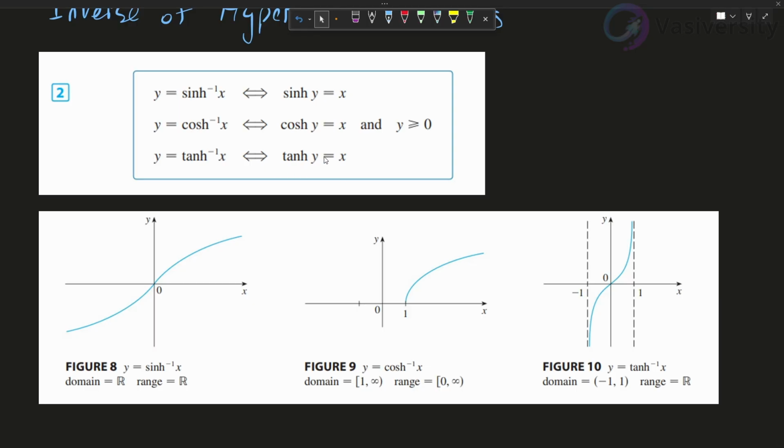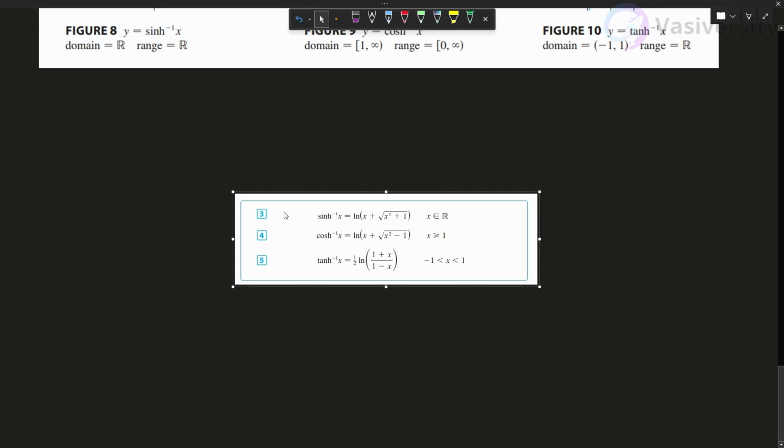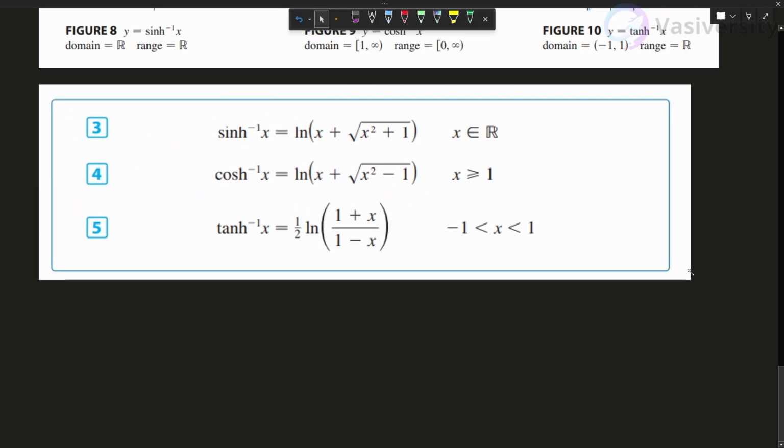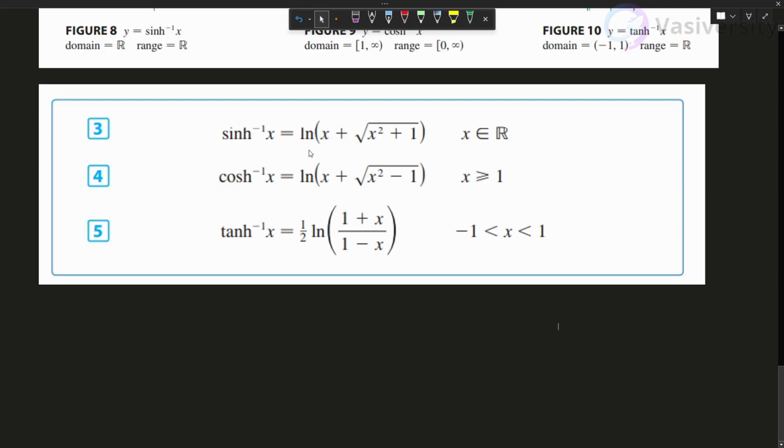The actual algebraic functions in closed form are as follows. Inverse hyperbolic sine is the natural logarithm of x plus square root of x squared plus 1, where x belongs to the real axis. Inverse hyperbolic cosine is very similar, but with the negative sign, and x is greater than or equal to 1.